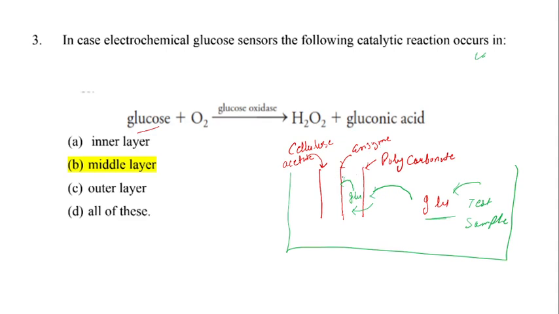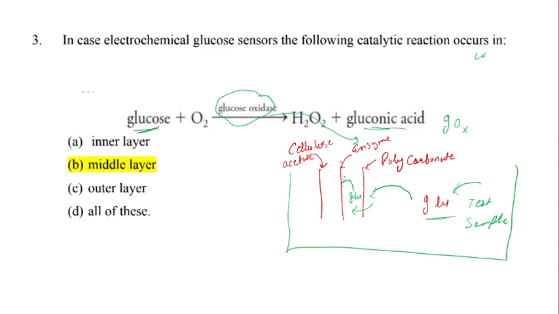So finally glucose will come in contact with this enzyme, which is nothing but glucose oxidase, GOX. Glucose oxidase will convert glucose into gluconic acid.